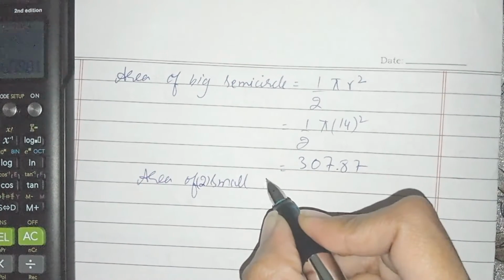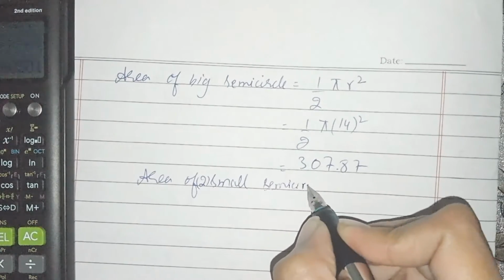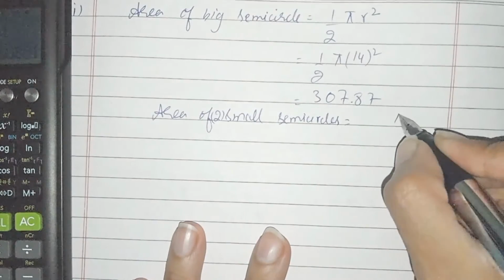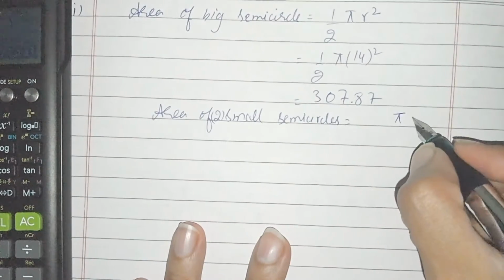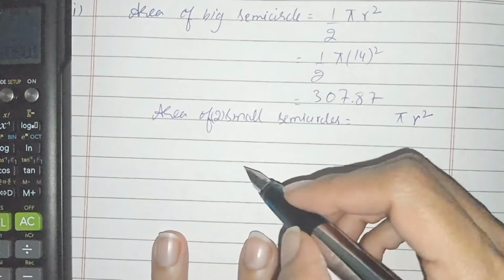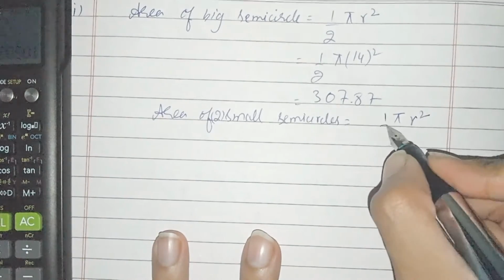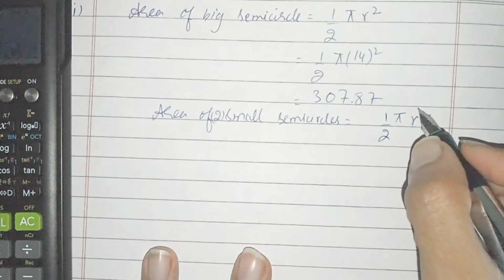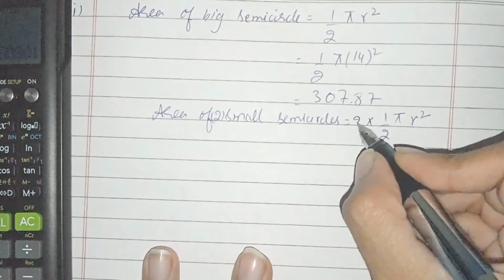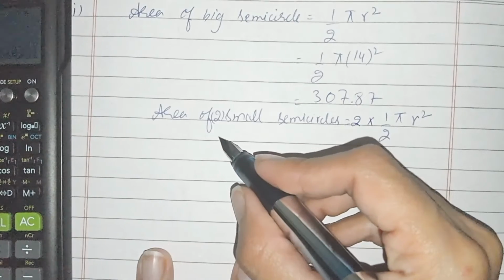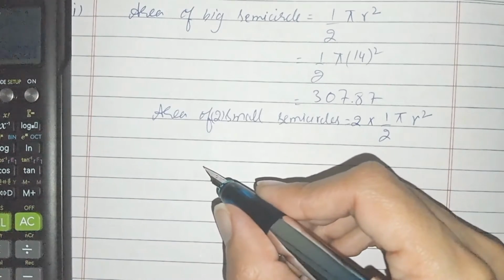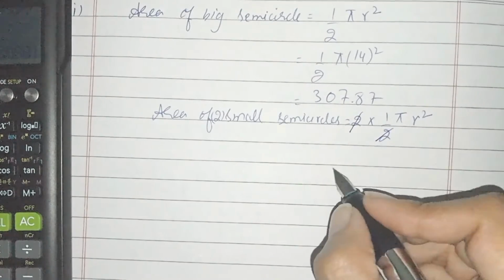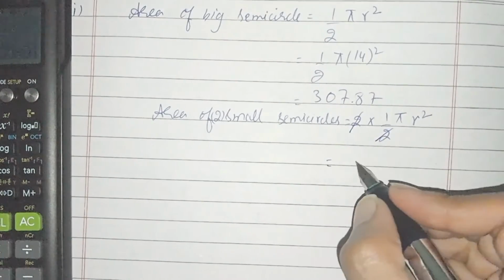Now students, area of two small semicircles. You know that the formula of area of a semicircle is pi r squared divided by 2, and by multiplying by 2, because we have to get the area of two semicircles. So this is pi r squared.